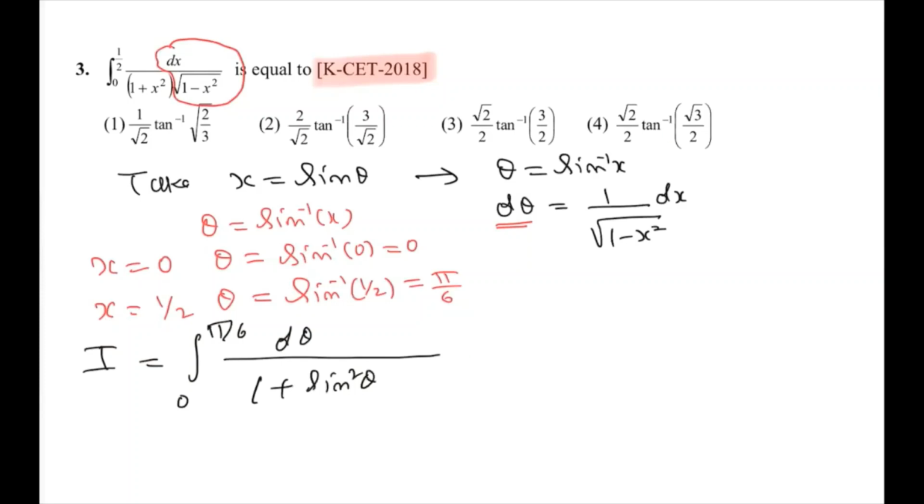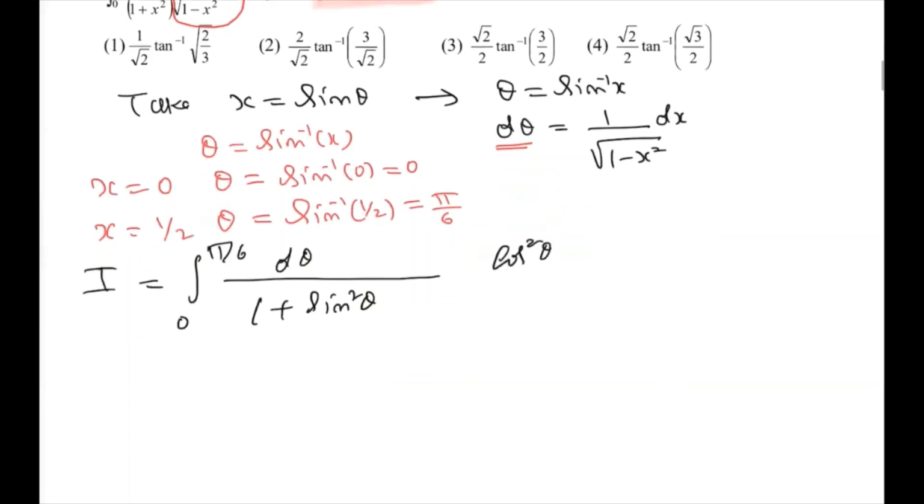Whenever you get in the denominator a constant, sine square theta or cos square theta or both, like 1 plus 2 sine square theta plus 3 cos square theta, you divide both numerator and denominator by cos square theta.